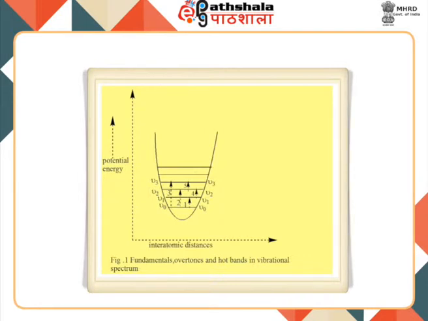Now, in figure 1, transition 1 is from nu0 to nu1. It is called the fundamental mode. Transitions 2 and 3, that is nu0 to nu2, nu0 to nu3, are called first and second overtone. And transitions 4 and 5, that is nu1 to nu2 or nu2 to nu3, are called hot bands.